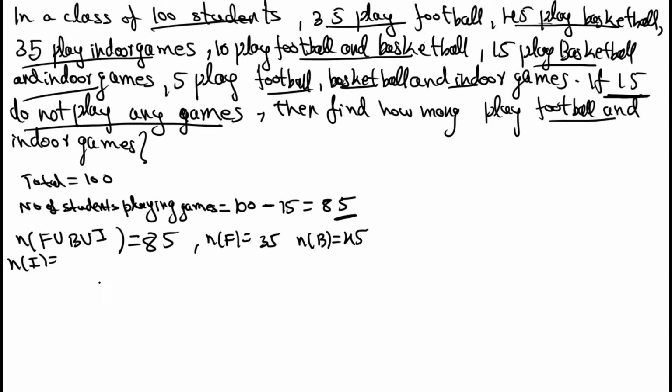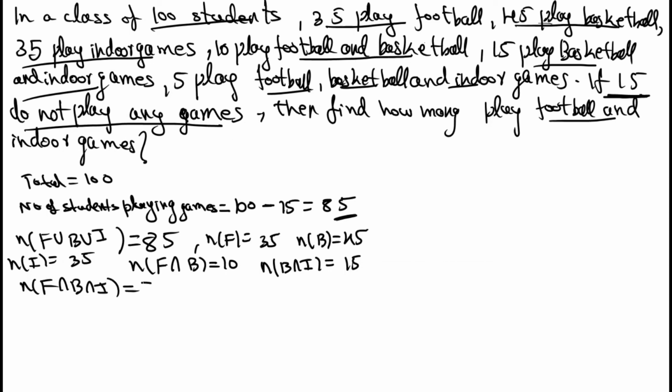Given that 10 play football and basketball, n of F intersection B is equal to 10, and 15 play basketball and indoor games, n of B intersection I is equal to 15. Also 5 play all three games, so n of F intersection B intersection I is equal to 5.